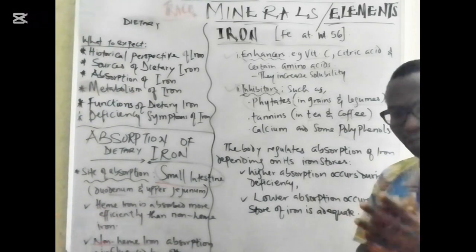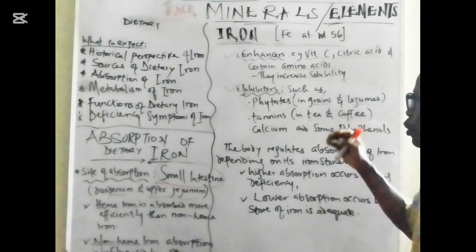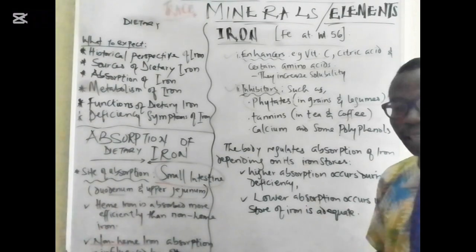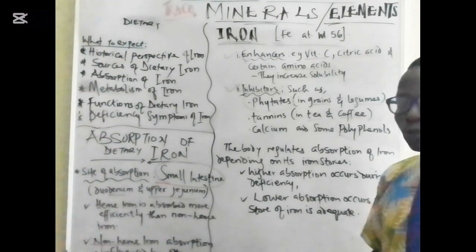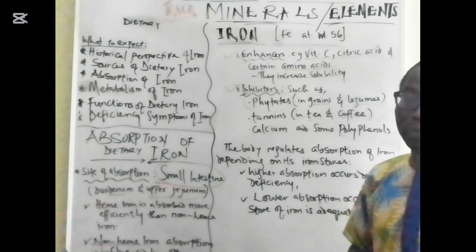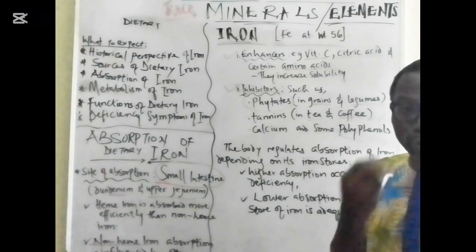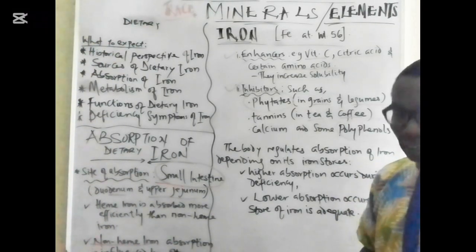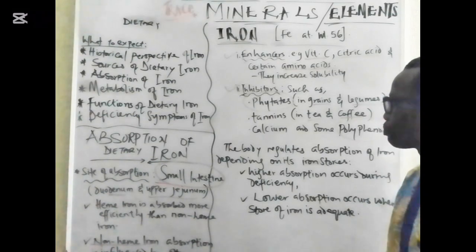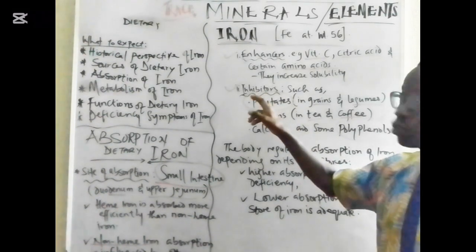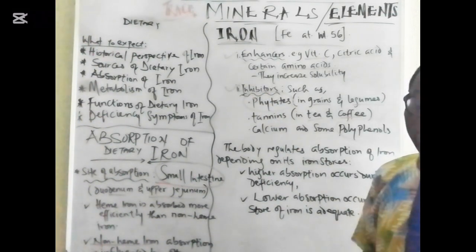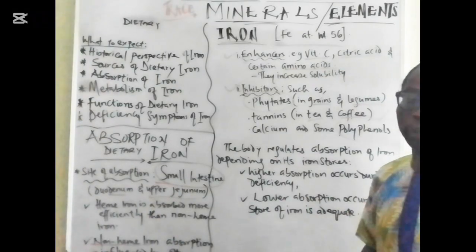There are about 4 categories of them. Now, some of them are good and some are not good. Some are aromatic, for example, that which you find in certain food that produces good aroma. Some plants are very good. However, some of them are inhibitors to the absorption of certain nutrients, for example, iron.